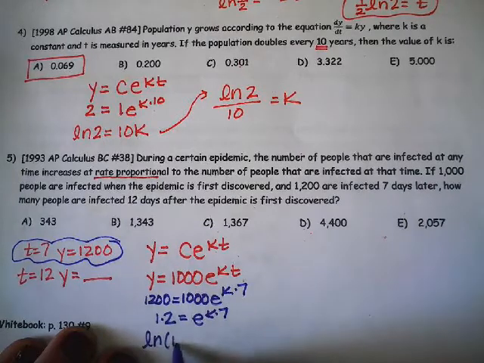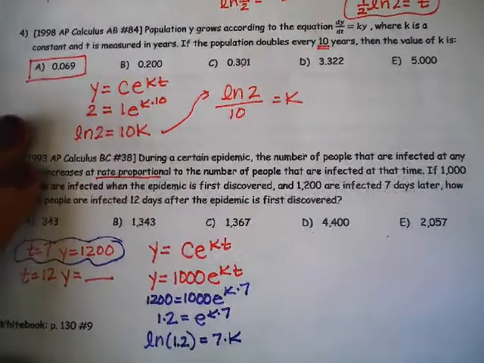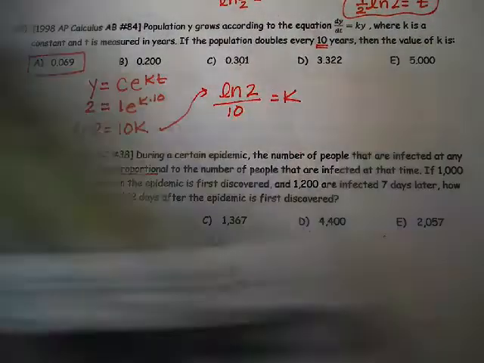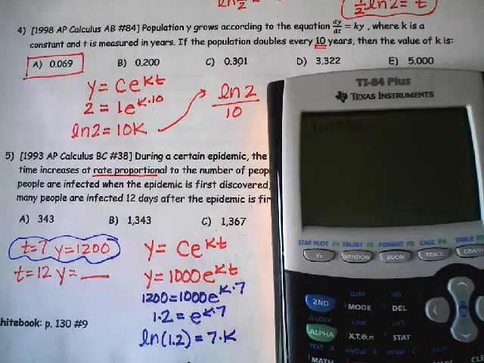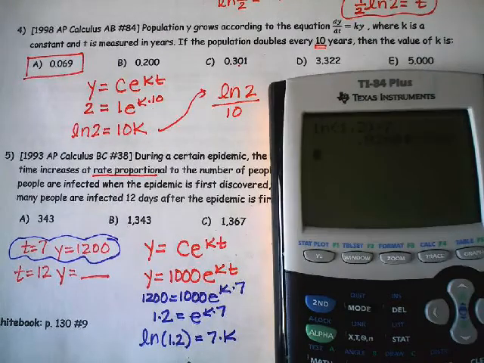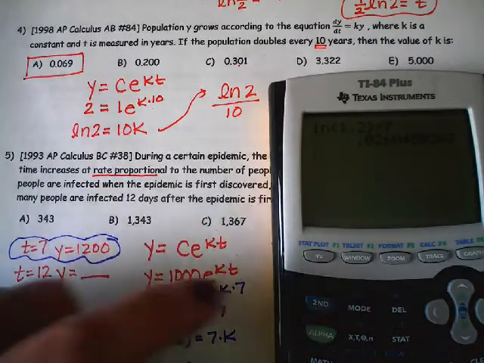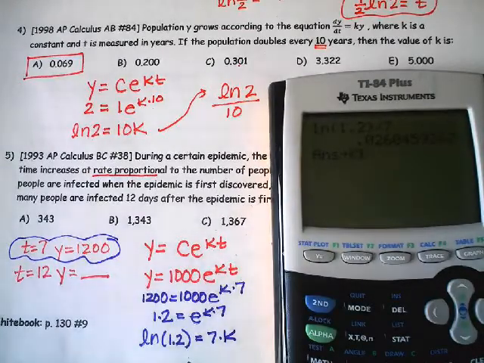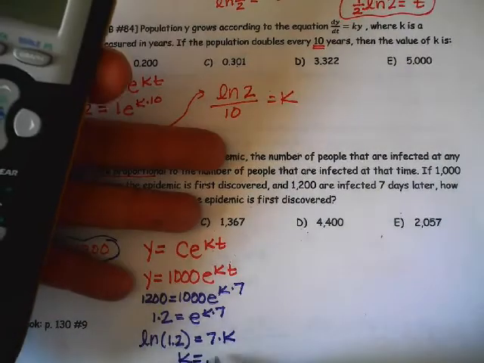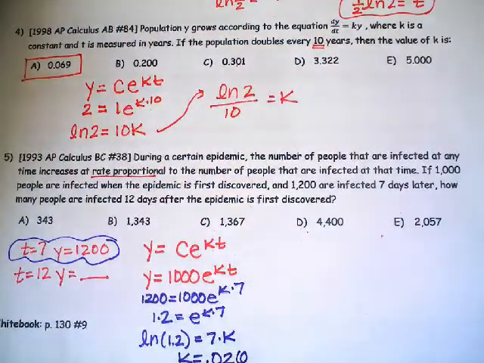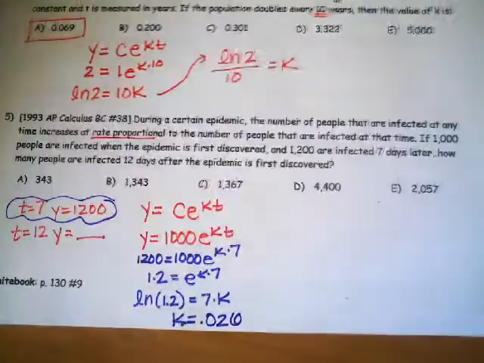The natural log of 1.2 equals 7 times k. I'm going to divide both sides by 7. So I'm going to have the natural log of 1.2 divided by 7. And that's my k value. I'm going to go ahead and store that as k so that I don't lose it. It was 0.026. So k is 0.026. So the question was really asking, that just found me k.